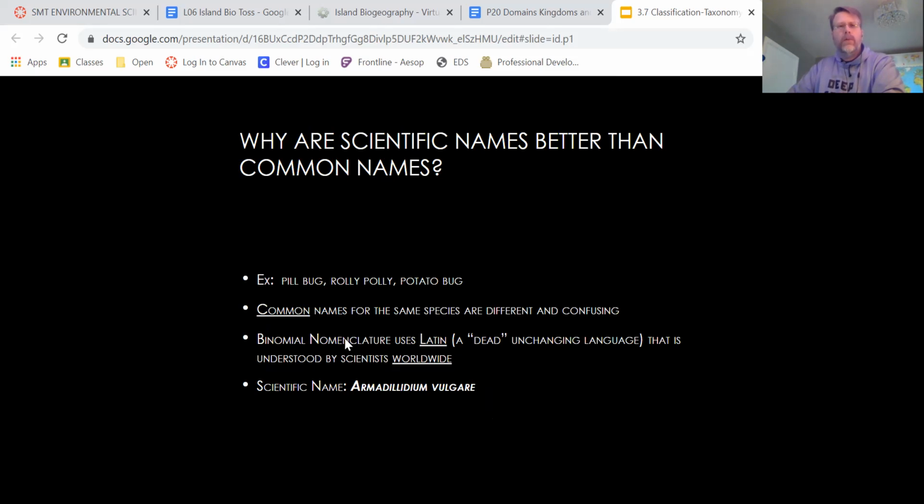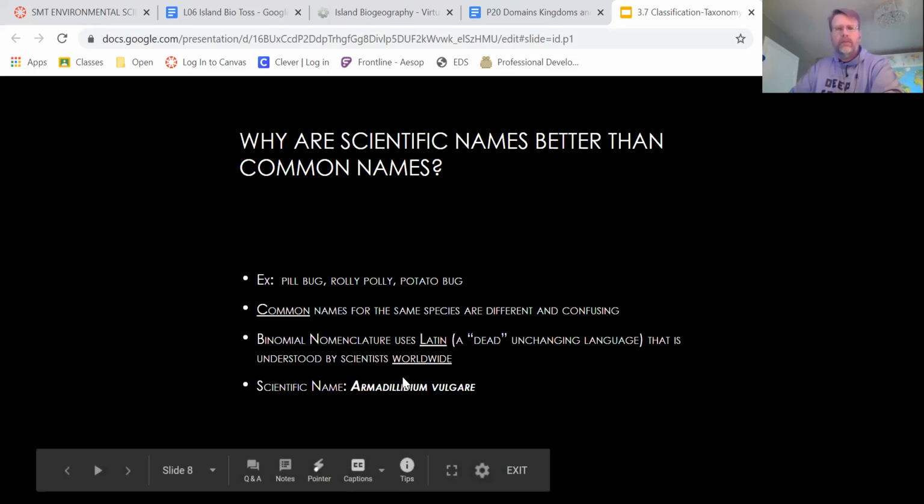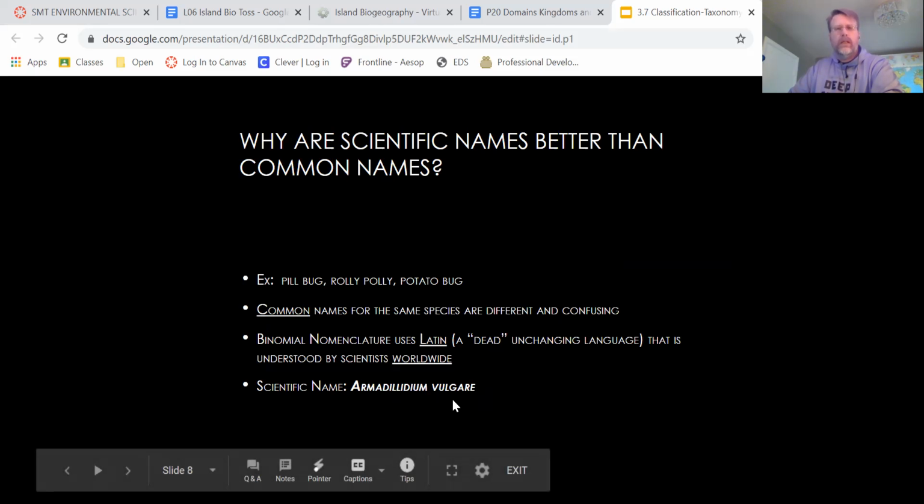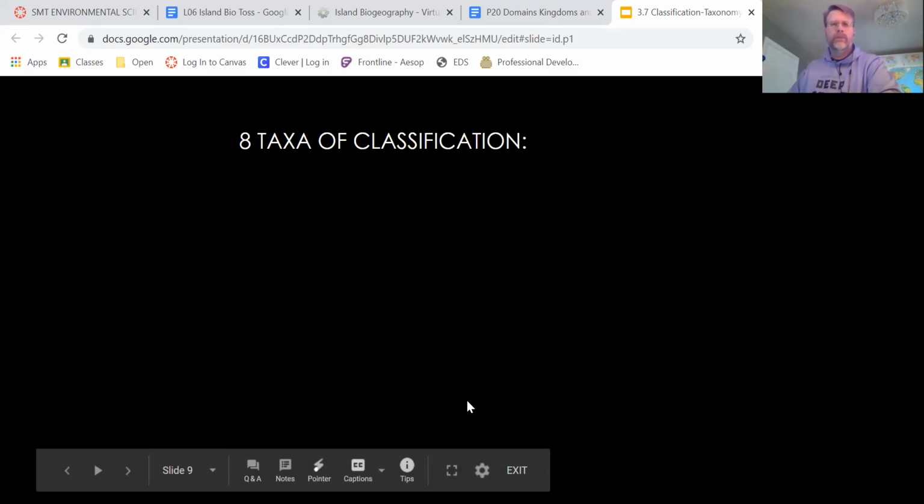But if you have the binomial nomenclature using the Latin vocabulary, then scientists around the world will all study the same vocabulary, and all the scientists will understand this worldwide. Here we see the scientific name for that bug. Anyone who reads that is going to be able to search that name, and they're all going to get the exact same result for the exact same species.